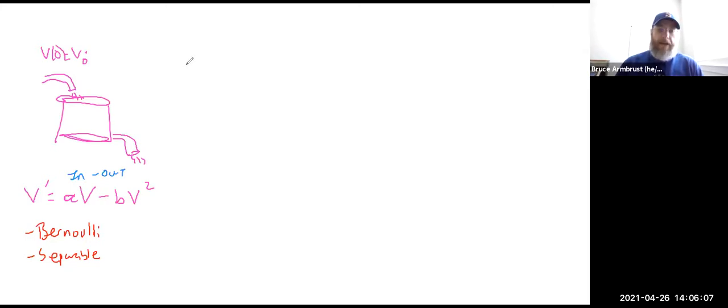Do you recognize any other possibilities here? It's definitely not linear first order because of the v squared, so we can rule that out. It doesn't look homogeneous because we don't have t's in here, so we can't write it as v over t. So that one's gone.